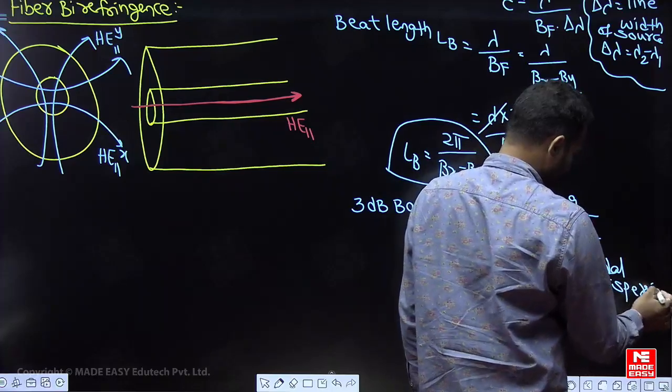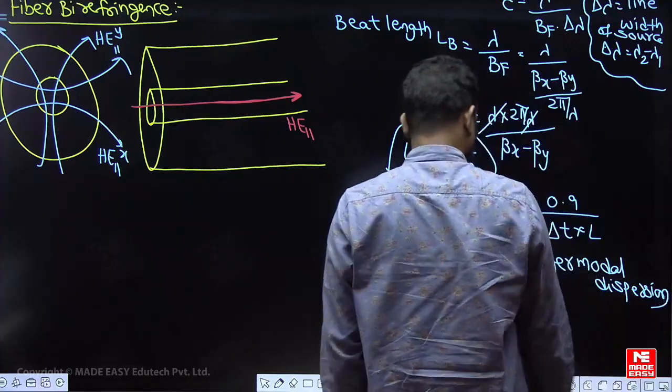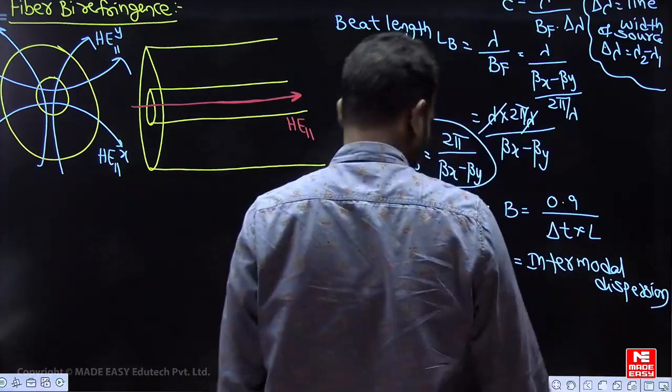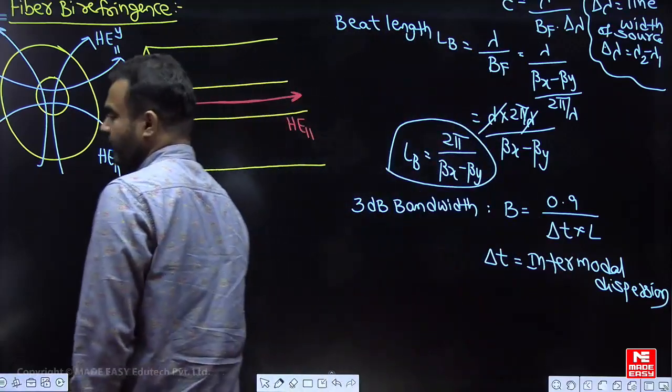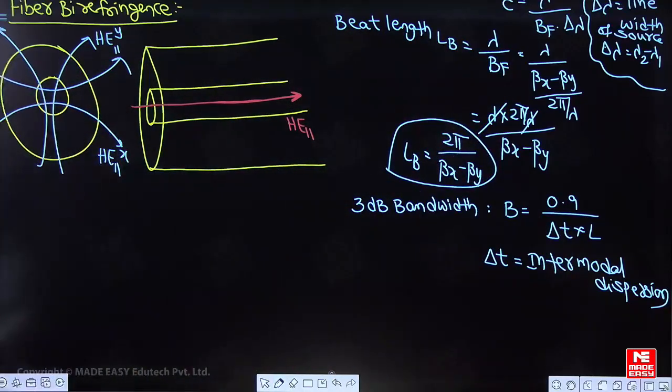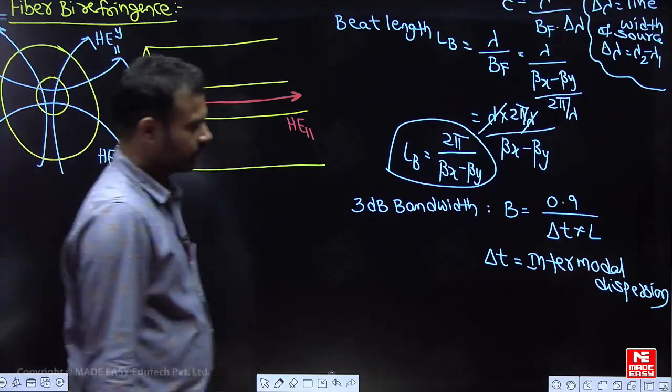Already we studied intermodal dispersion. Here that delta T is also called polarization mode dispersion.